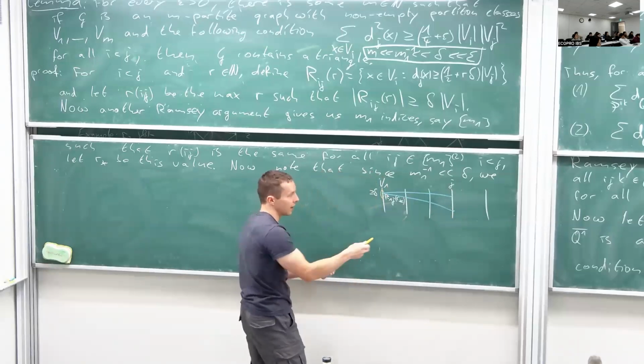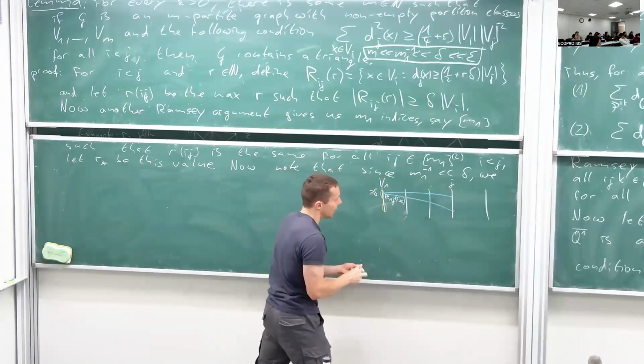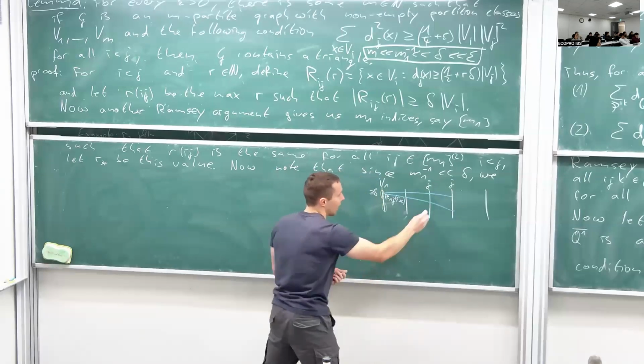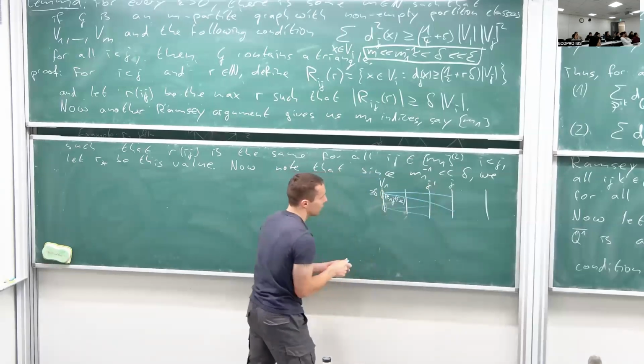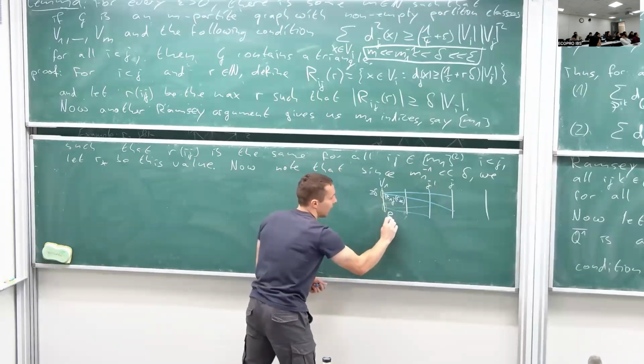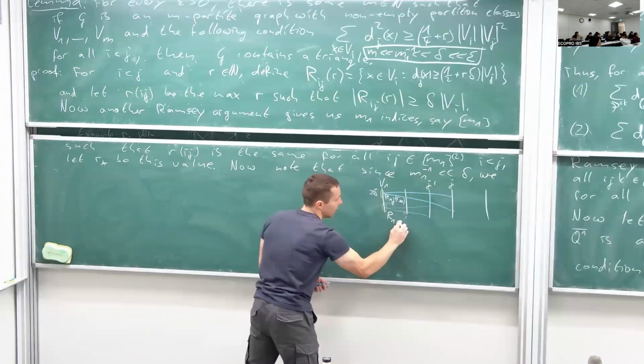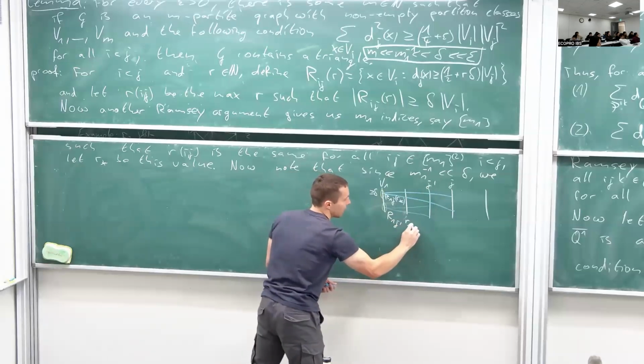And we have this set for each of the other ones. If this is J prime, we also have here R1 J prime R star.